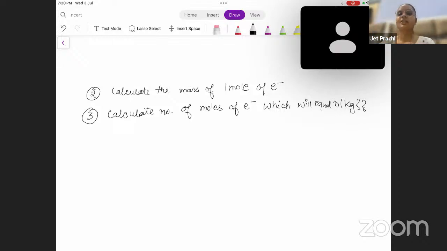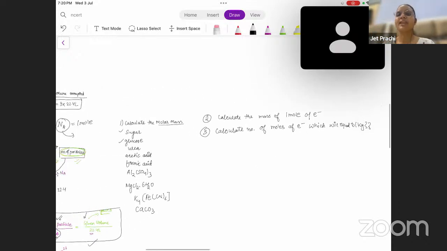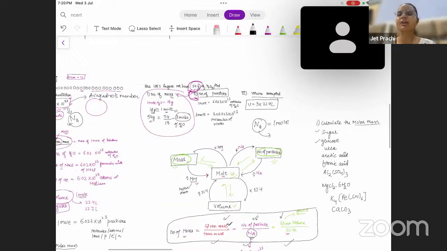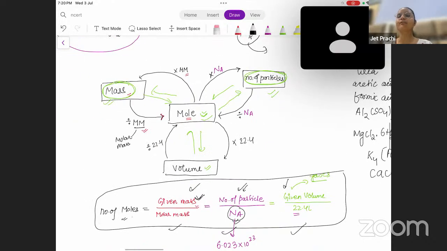So these are the three questions that you have to do based on this particular relationship, which is very important for you. Just take a plain sheet, write this down and keep it with you along with the periodic table. For today, go there and see the molar masses of the common elements which you see every day in our session.